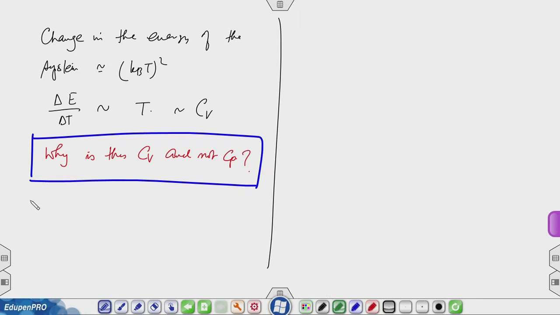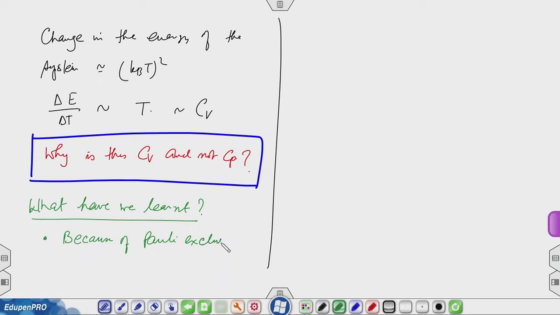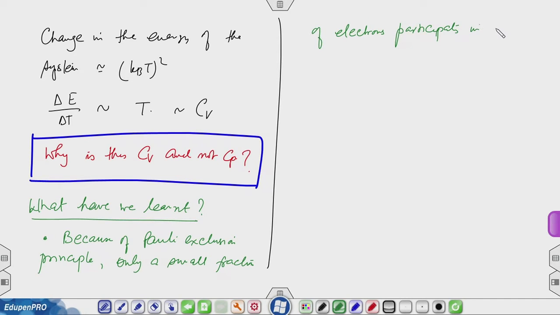So, let me summarize what we have learnt. We have learnt, number one, because of Pauli exclusion principle, only a small fraction of electrons participates in thermal excitation.